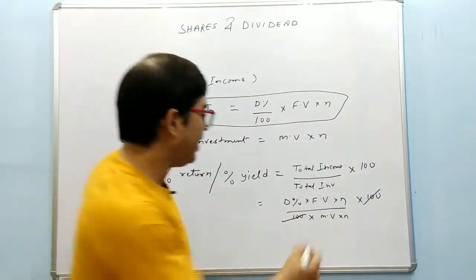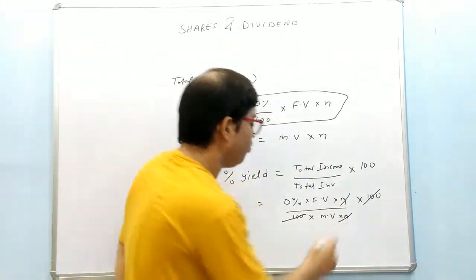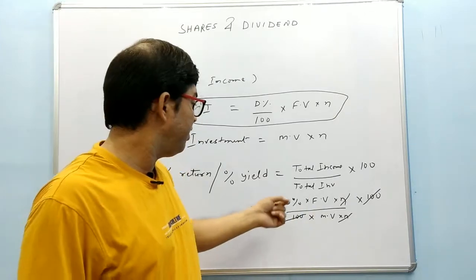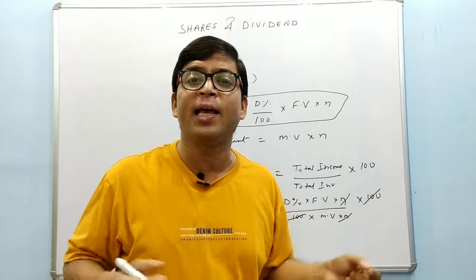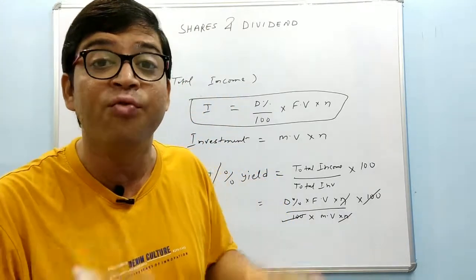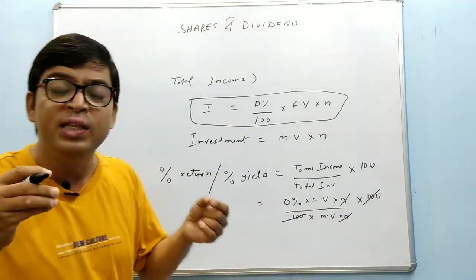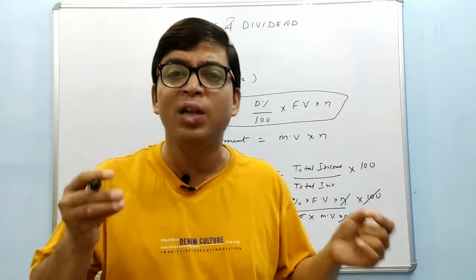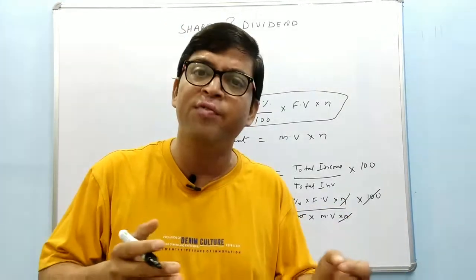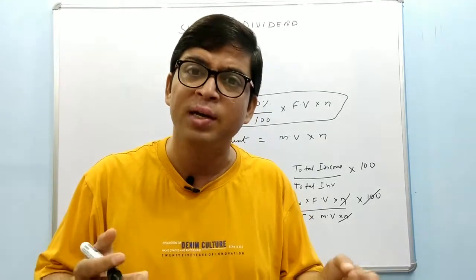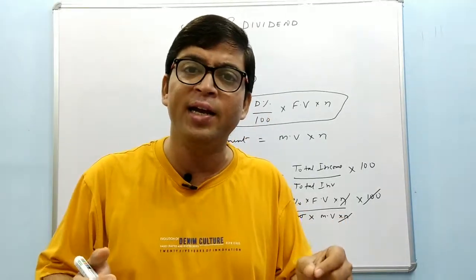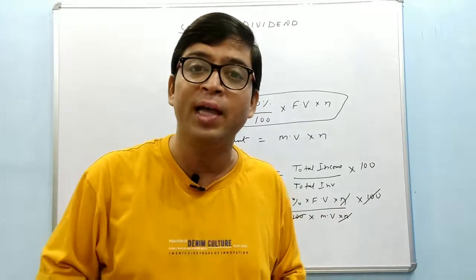N is getting cancelled. If we know just dividend percent, face value and market value, we can get the percentage yield very easily. These are very simple 3 formulas which we will be using to solve the problems once we are translating it correctly and forming the equation.